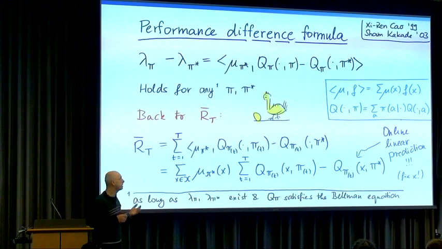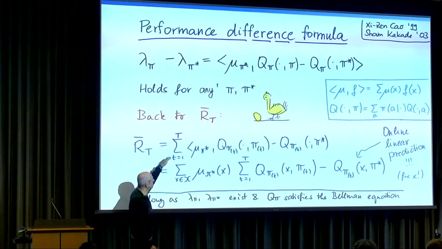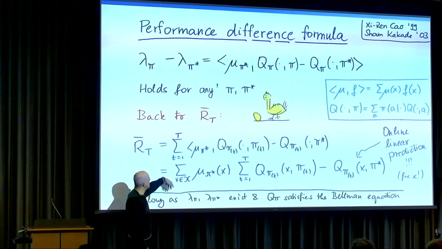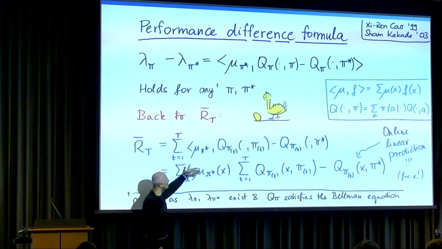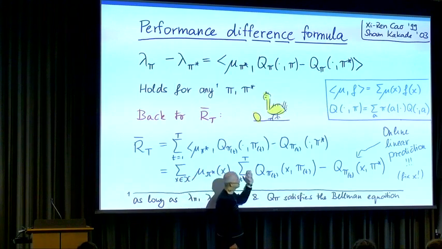If you plug this difference formula back into regret and write out what these inner products mean, you see that if you want to control the regret, for every state you should be controlling this difference.